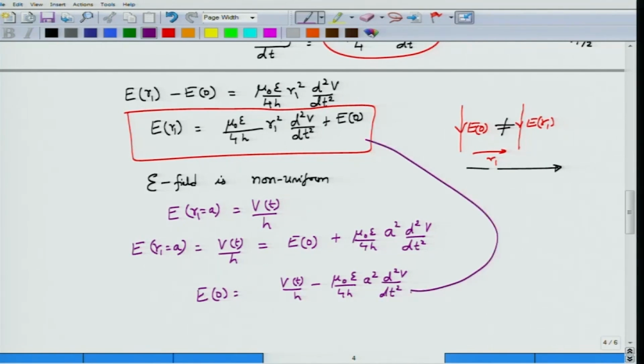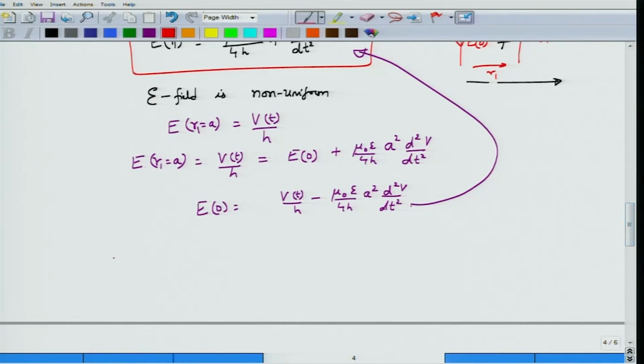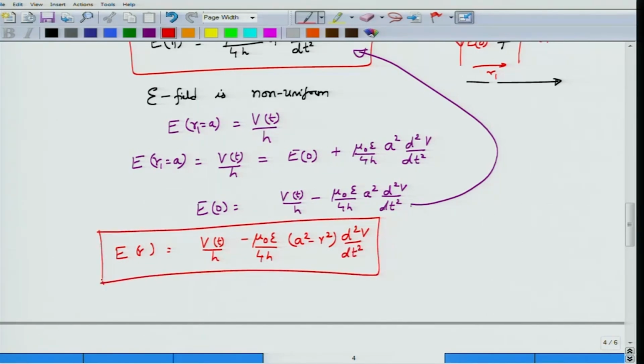You can substitute that into this expression to obtain the electric field E at any distance r, along the capacitor, in the direction that we have shown, equal to V of t by h minus mu 0 epsilon by 4 h, and then I will have A square minus r square, times d square V by dt square. This is the electric field at any distance r from the center of the capacitor plate.